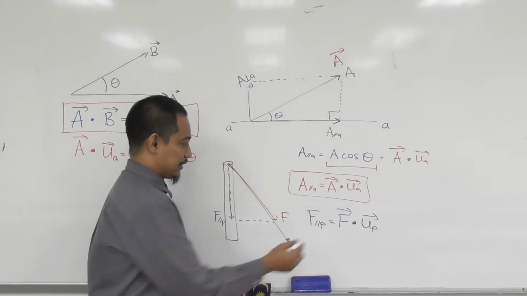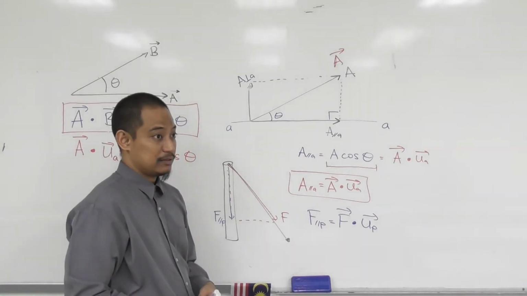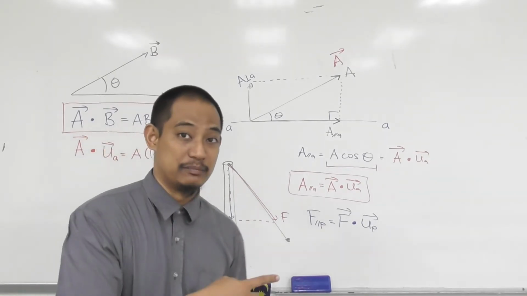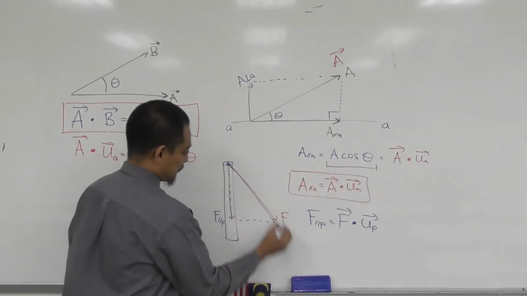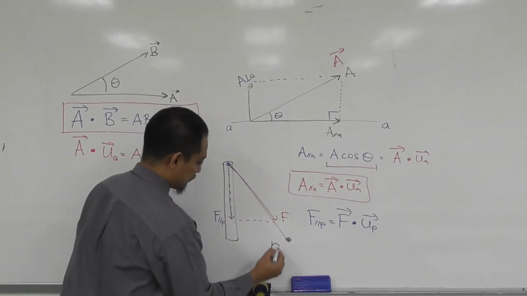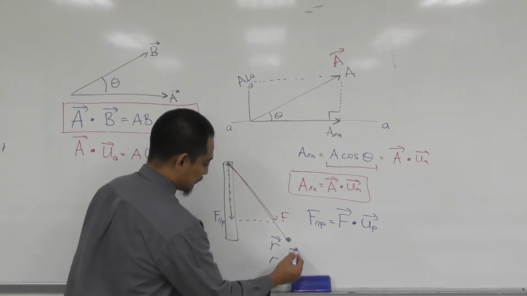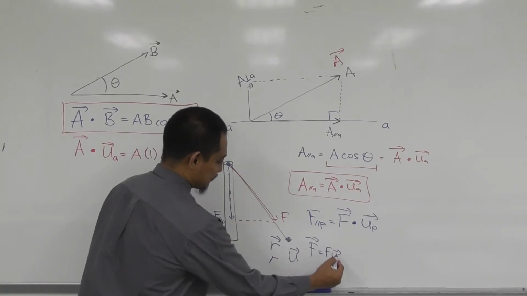And for this vector, if you know the magnitude, how to get the Cartesian vector form, you just use what we have learned before, right? For example, you know this coordinate, you get r vector, then r magnitude, then unit vector, and F is just F times unit vector.